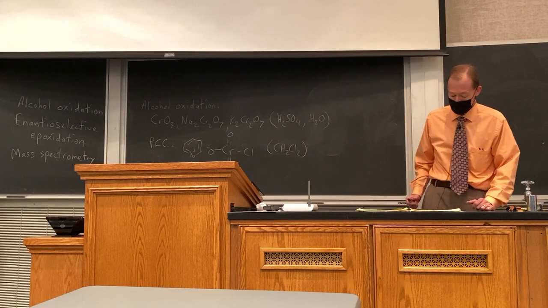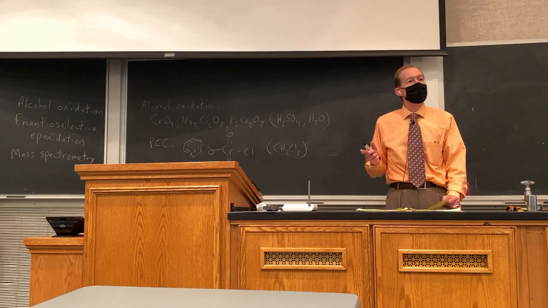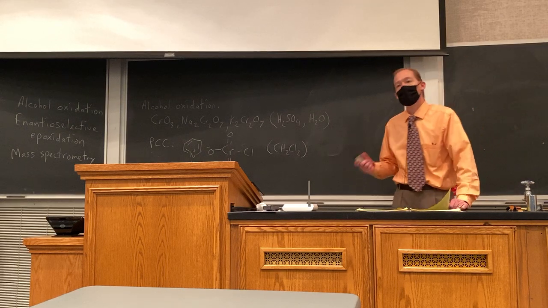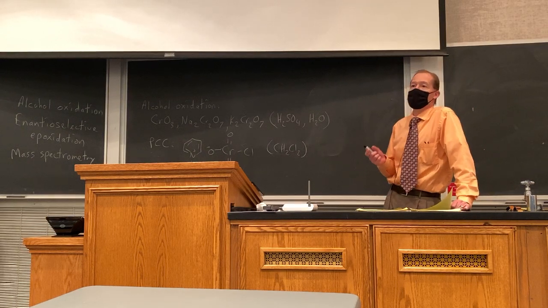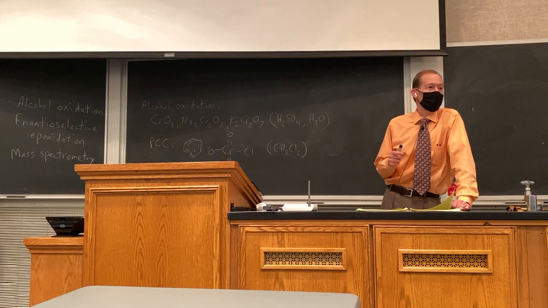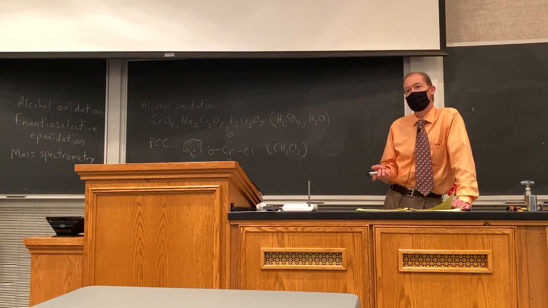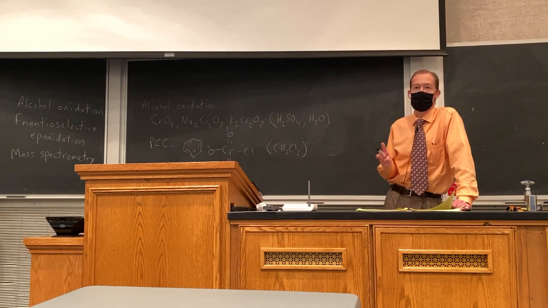It's easy to summarize that on Monday. So at the end of class on Wednesday, we told you that oxidations of alcohols have different outcomes depending on the type of alcohol that we have.